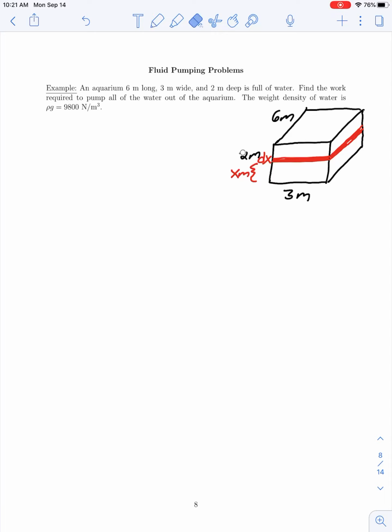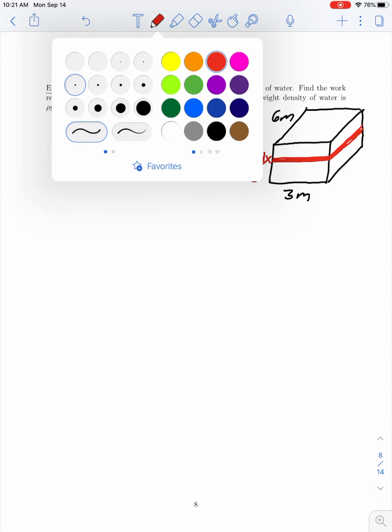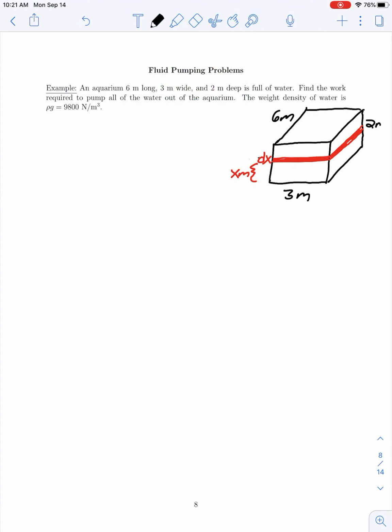To clean up my figure a little, let me move where I've got this 2 meter depth. So if my slice was taken at a distance of x meters from the bottom of the tank, the distance this slab will have to move to get to the top of the tank is 2 minus x meters. That's the distance the slab will have to travel to be pumped out of this tank.